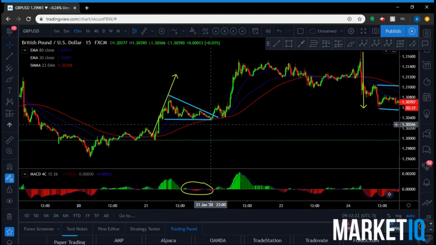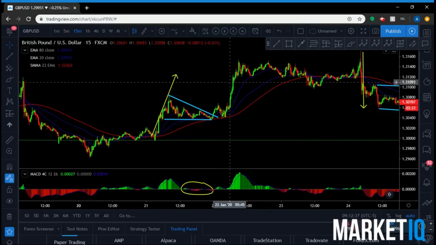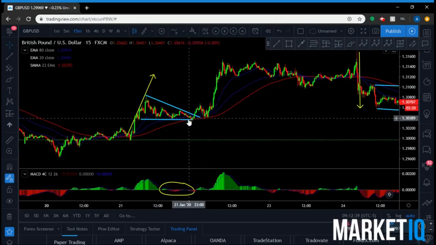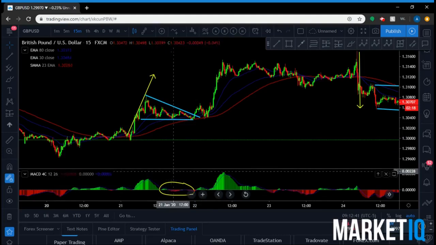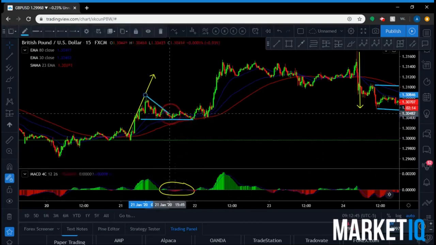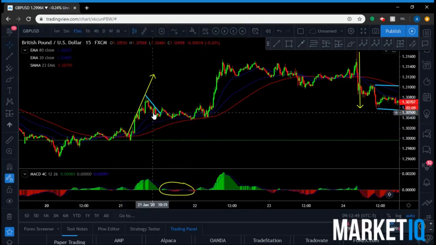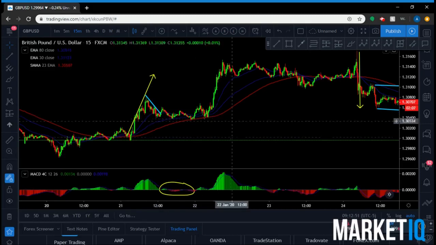That's how indicators can help you once you know the other parts of trading, once you know the market structure. You have to know how these things work before the indicators are even going to be useful for you. So once you have the concept of impulse, correction, and continuation down, we can use these indicators to help us time our entries. Because like I said, you don't know if that correction is going to end here or over here.